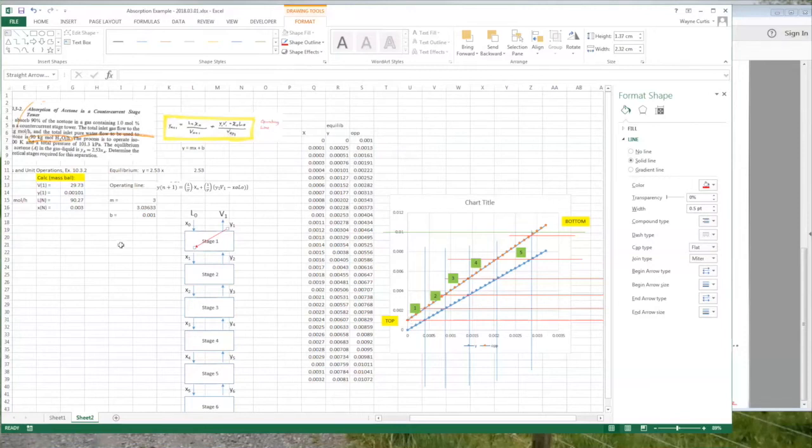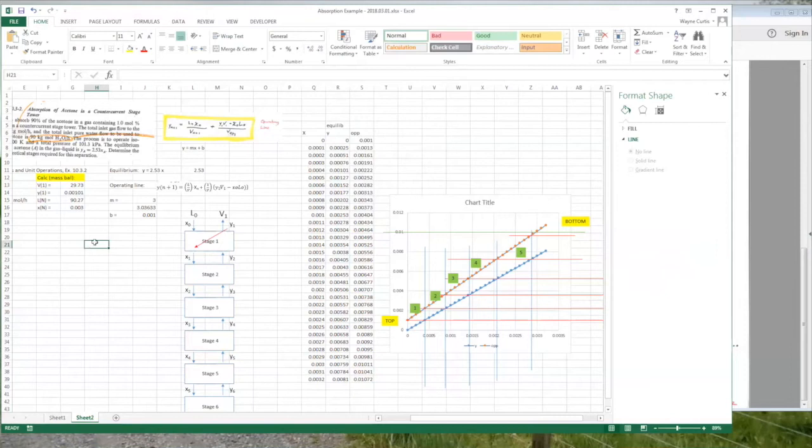I'll calculate it just based on equilibrium. I want the x value, so I simply take the y value there and divide it by the equilibrium relationship. This is a phase relationship, Henry's law in this case.